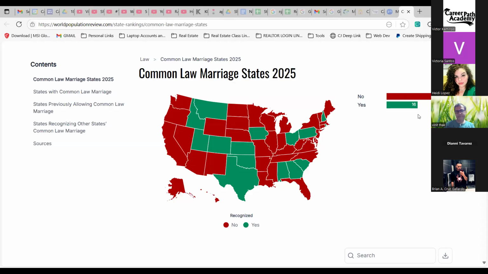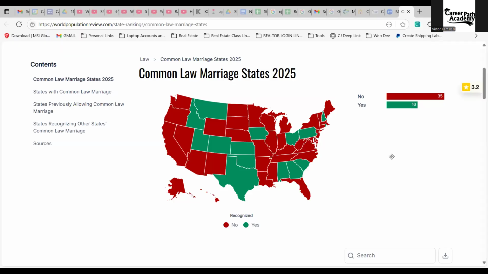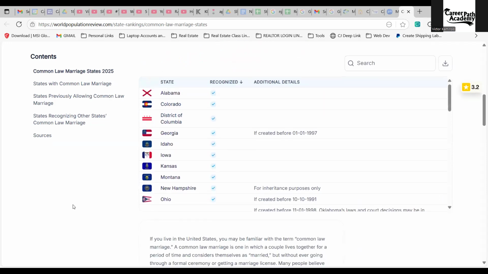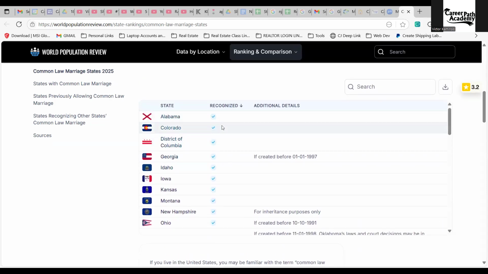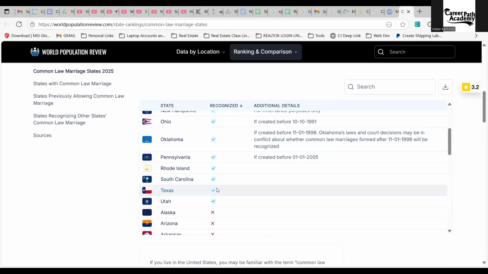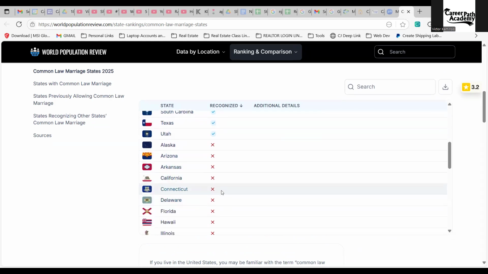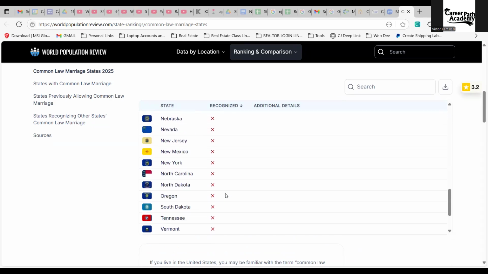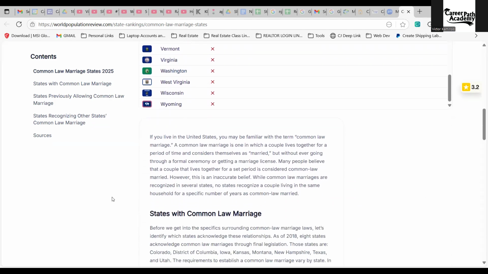Tell me if you're not seeing what I'm showing you. And then here are the states that recognize common law marriage with the blue dots, and with the red ones, they do not. That's the majority of them.